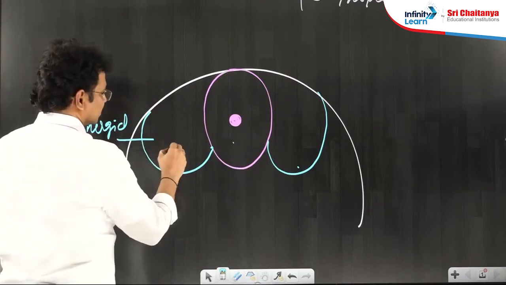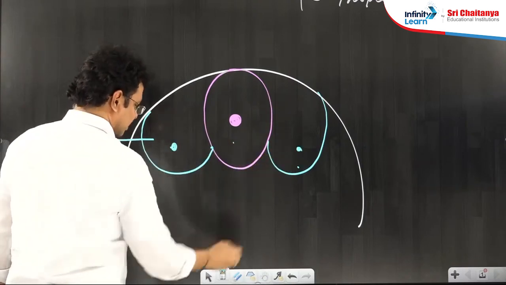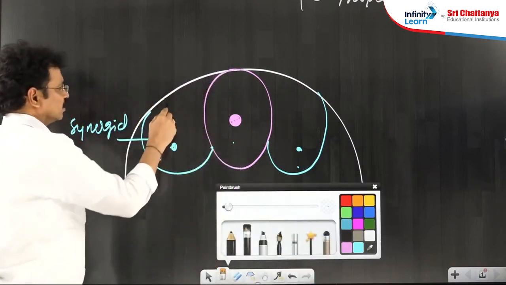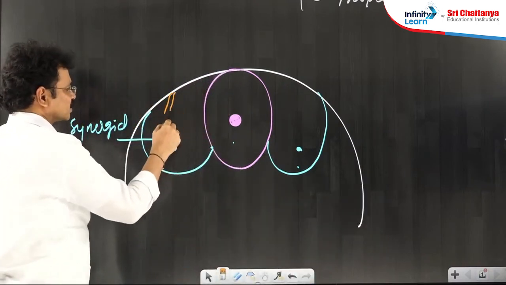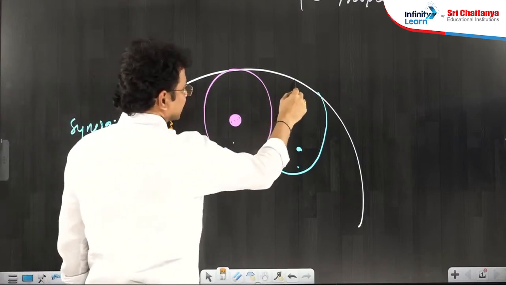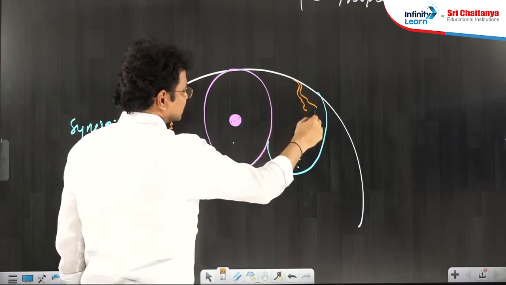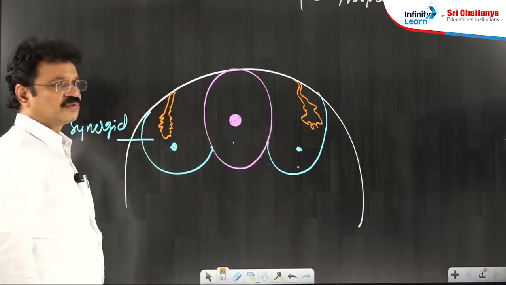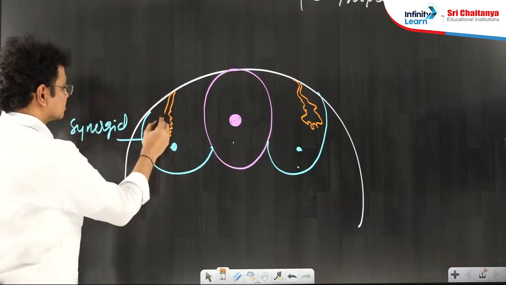It is the synergid nucleus. What is the characteristic feature of a synergid? Some finger-like projections are present. It is called the filiform apparatus. Here also, filiform apparatus is there.